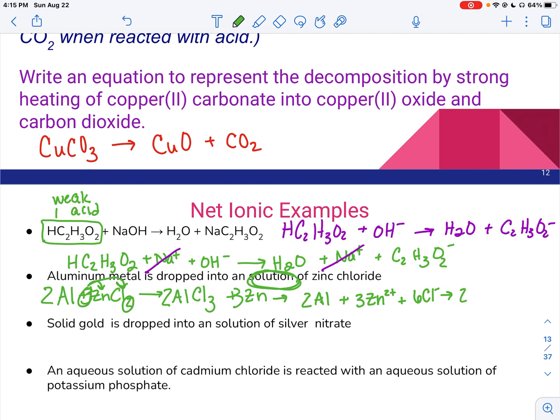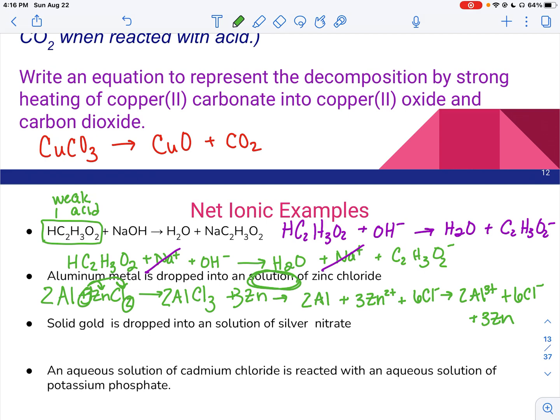So that's going to give us 2Al3+ plus 6Cl- plus 3Zn. This is what I meant by you can balance it at the beginning or the end. It doesn't matter. If you don't want to carry over these coefficients, then just wait till the end. I'll do one of those examples that way as well.